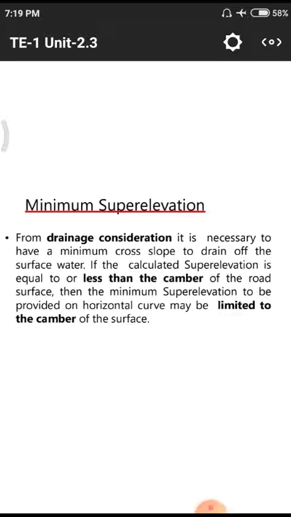If the super elevation is too much on horizontal curves, the vehicle will slip toward the center of the curve, because while going on circular curves they face a huge amount of centrifugal force, and the vehicle has to bear the total load on its inner wheels.